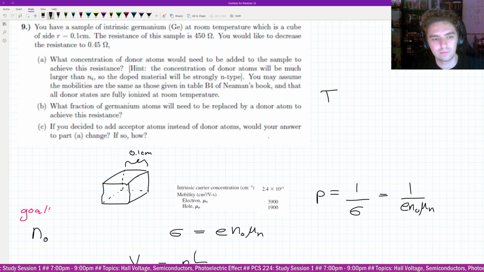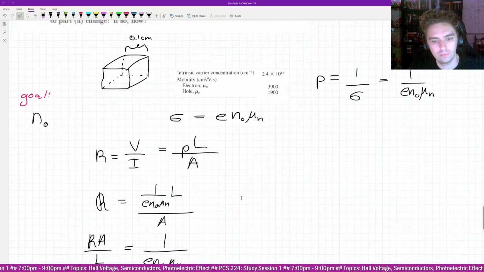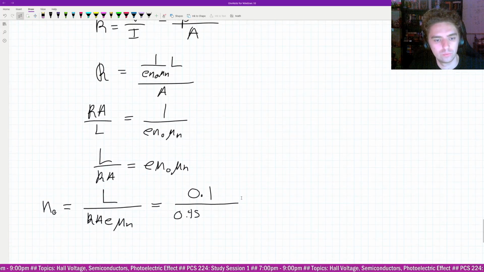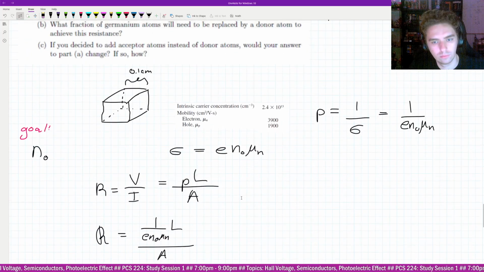For your last expression that you're solving for right now, if you were to convert your mobility into meters, you would still get the same answer. You would just have to convert that back into per centimeters cubed.